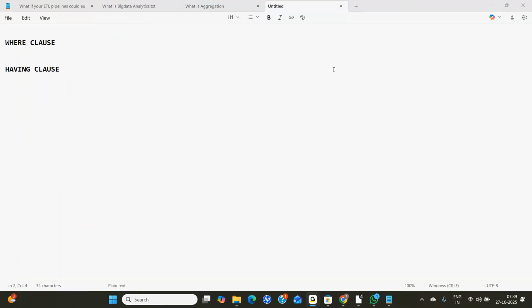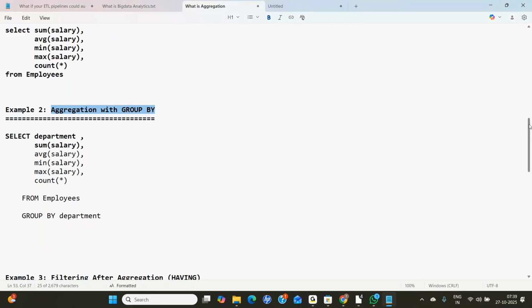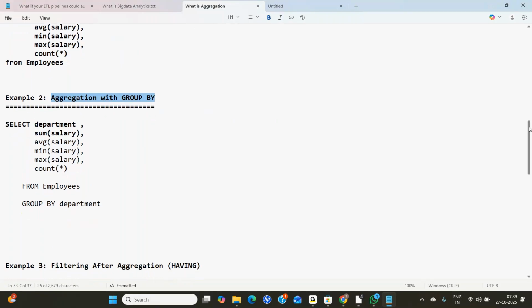Remember, that's a very simple point, and this is also one possible question in a SQL round.